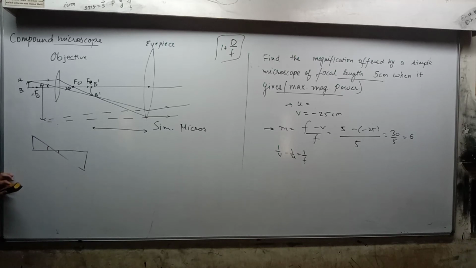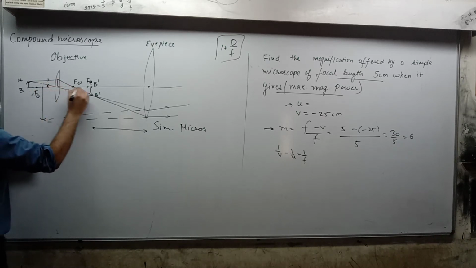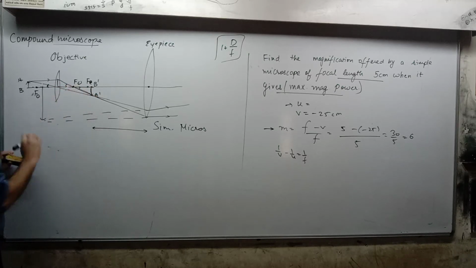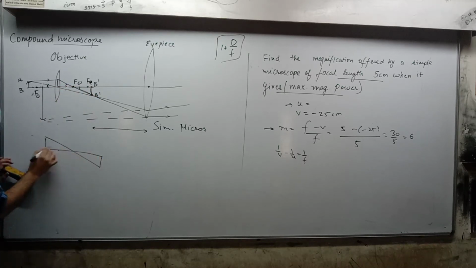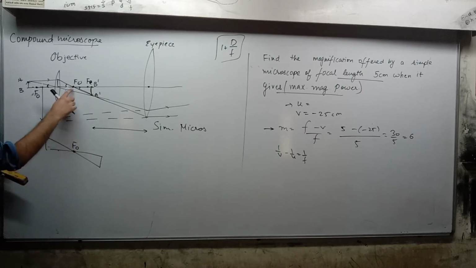We should take these two triangles. So I take that out once again. This is FO, the focal length, the focus of the objective. Clear?